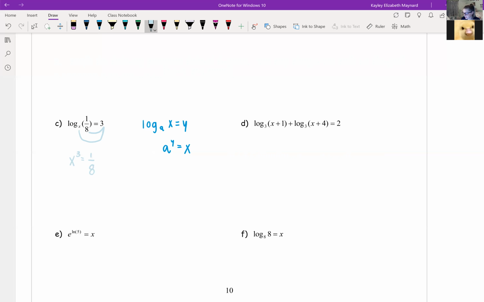Oh, wait. Yeah, I did that right. But that's the same as just using how a log is defined. So being given log base x of 1/8 equals 3 is the same as saying, okay, x to what power gives you 1/8? So then to go ahead and solve this, if you don't know right away by looking at it, we can just take the cube root of both sides.